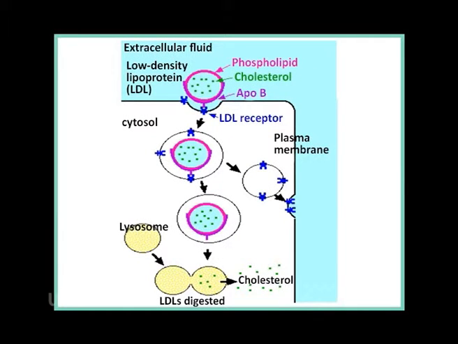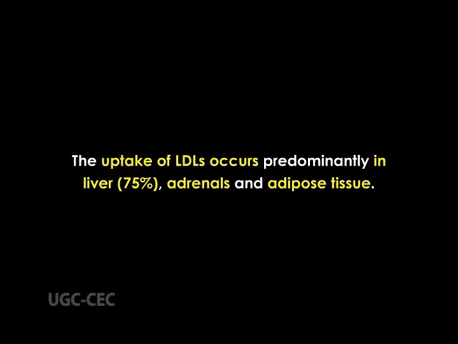LDLs are taken up by the cells via LDL receptor mediated endocytosis. The uptake of LDLs occurs predominantly in the liver, adrenals, and adipose tissue. As with IDLs, the interaction of LDLs with LDL receptors requires the presence of ApoB100.